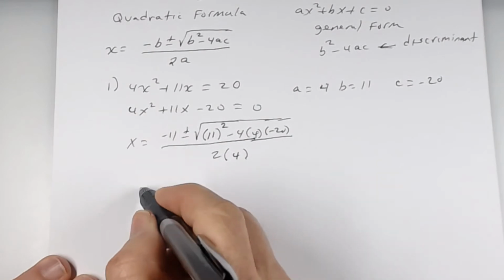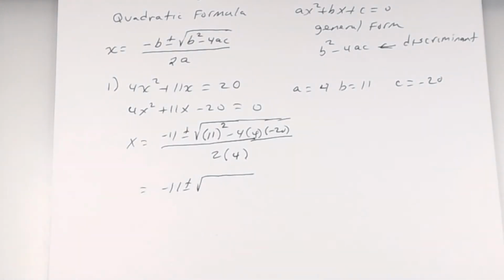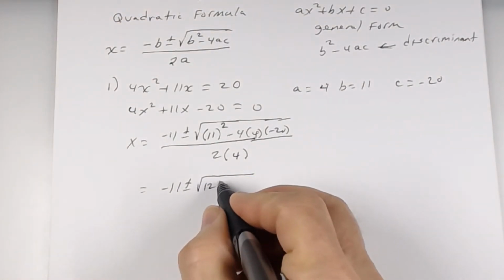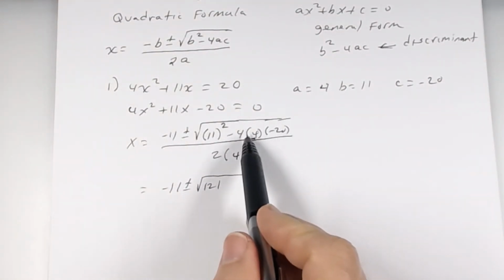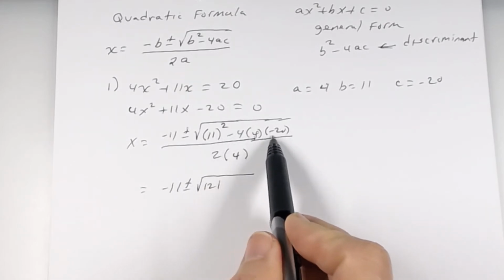And so when I do that, I get negative 11 plus or minus the square root of. All right, you may need your calculator for this. So 11 times 11 is 121. Okay. All right, now all these are products right here. So a negative 4 times a positive 4 times a negative 20. Use your calculator.